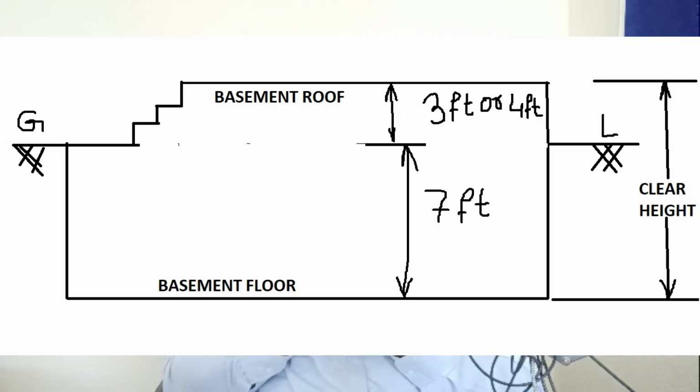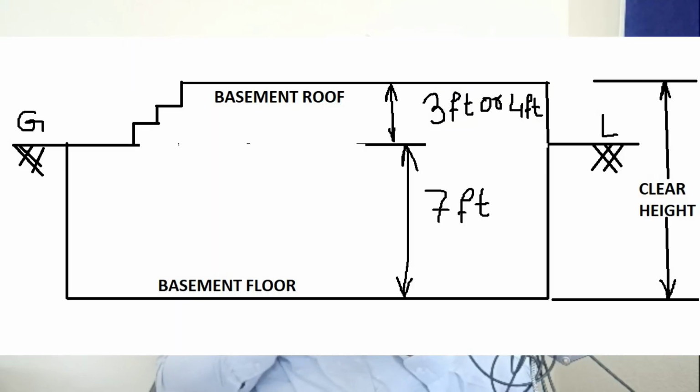So how much height do we need, the clearance height we require. I will tell you what heights we basically use for commercial and for residential. For a residential building, most probably the basement height we take is 11 to 12 feet. How do you measure this clearance height?